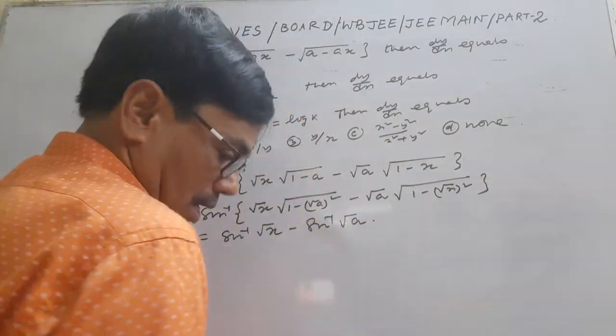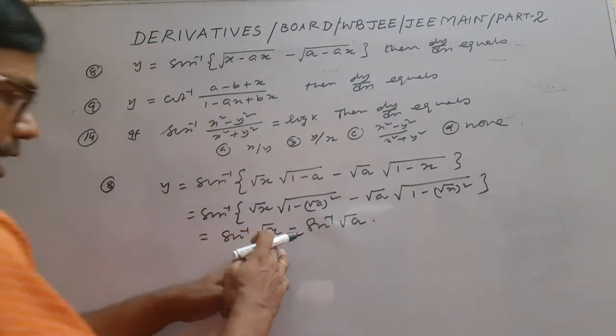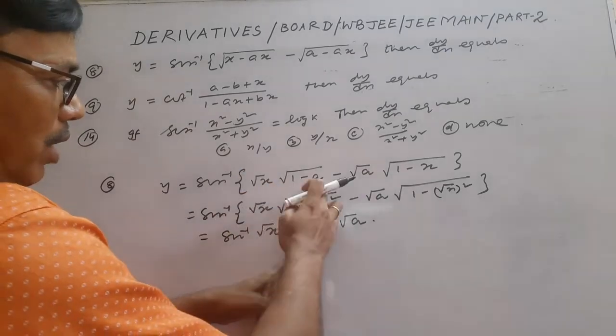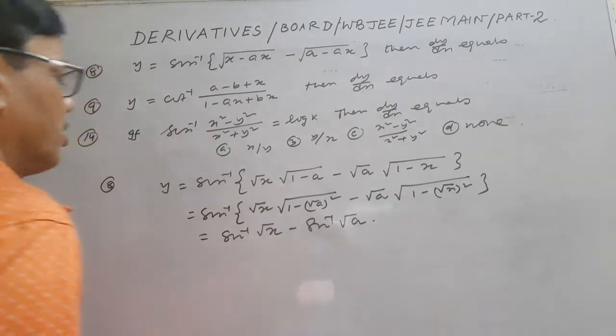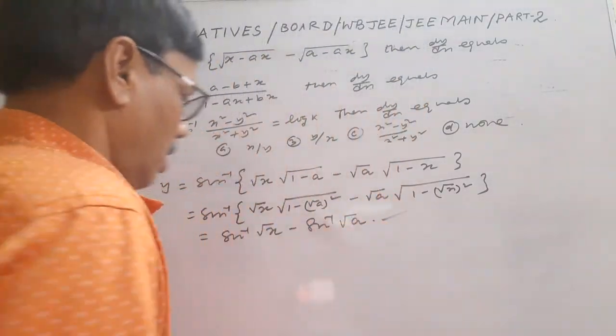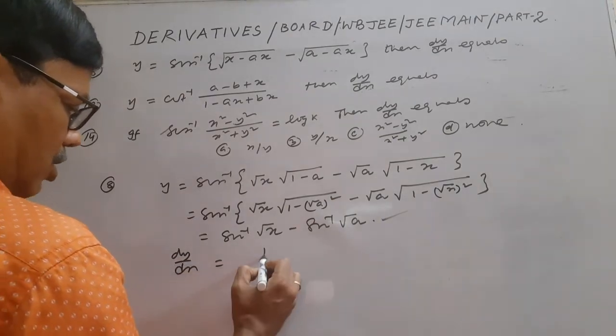Now look, it is the compact form. Sine inverse x minus sine inverse y is root x into 1 minus root a whole square, that is 1 minus a, root a into x. So this is the simplified form. Now dy by dx is very simple.